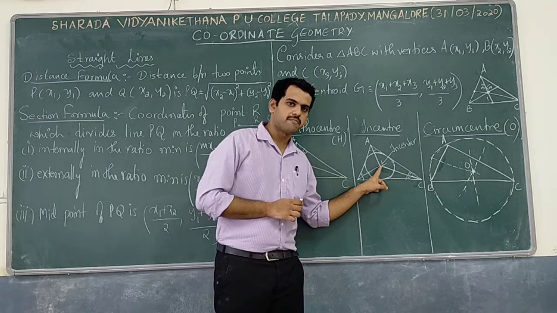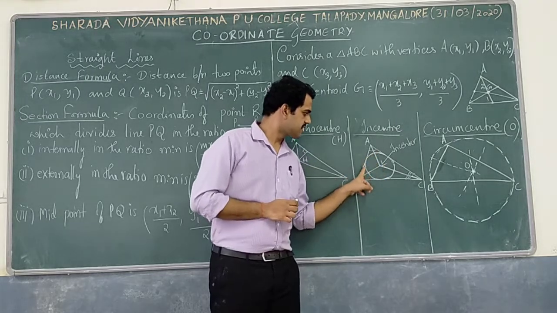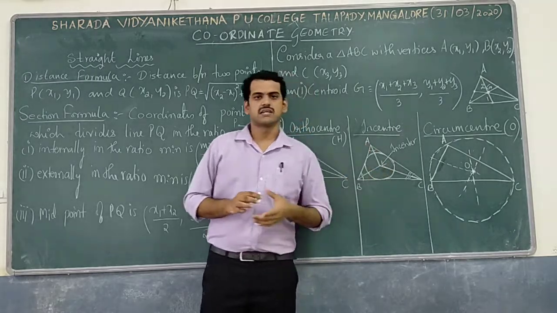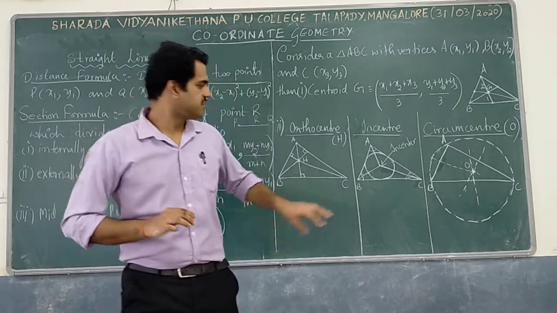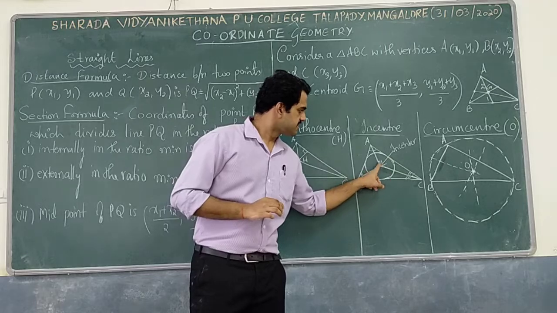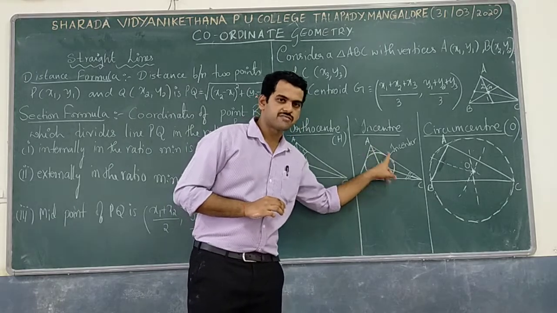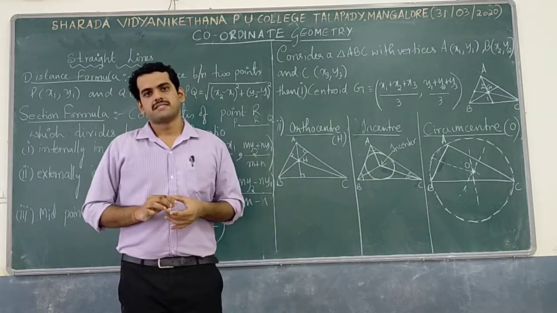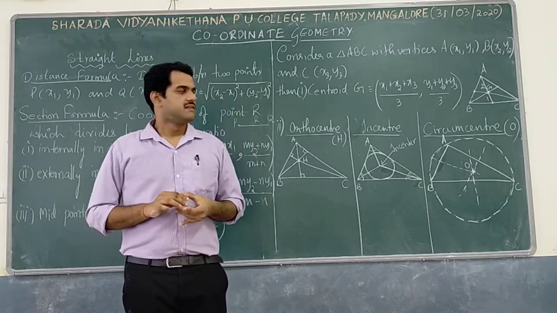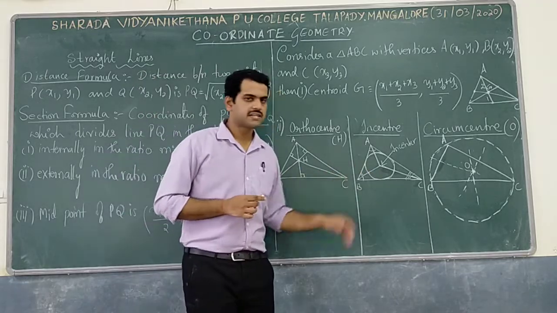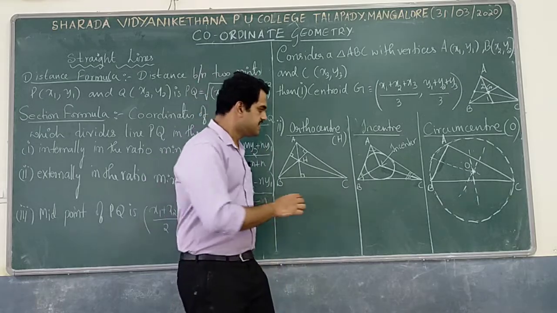With the help of that point, we can draw a circle inside the triangle which touches all three sides of the triangle. So you can draw a circle like that. That point of intersection of the angular bisectors is called the incenter of the triangle. And how is the incenter calculated?